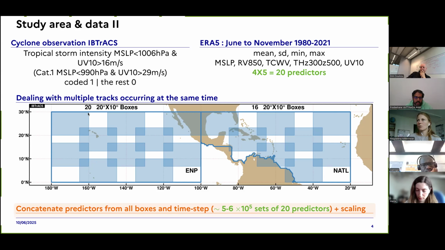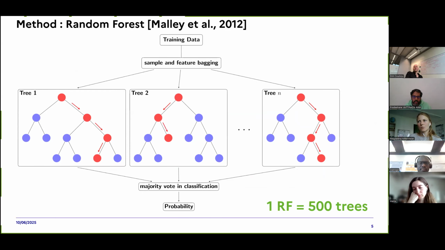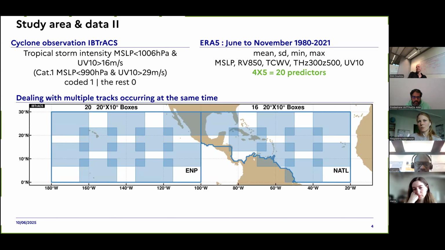I only seek if within one box for one given time step I have a cyclone or not anywhere in it. The position does not really matter here. Then, if the probability is above 0.5, I go look into the sea level pressure field in ERA5, and I determine the position like that. So it's not fully based on a random forest.